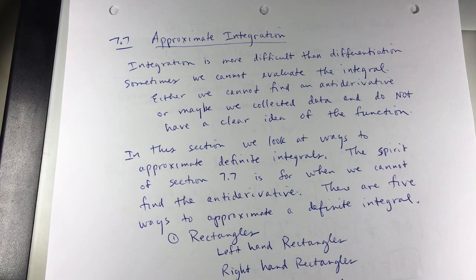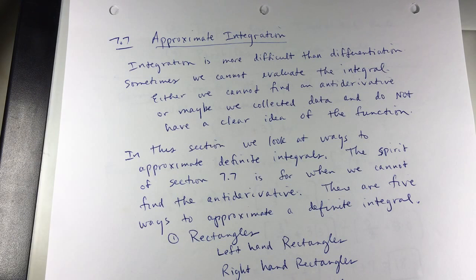Maybe the trouble to find it would take too much, and it might be better for our purposes to do an approximation of what the integral would be equal to. You might want to use this if you've collected data and you don't quite know what the integrand is. You just have the data, fits a certain model, and so get an approximation.